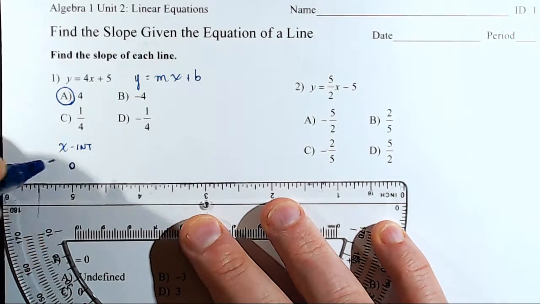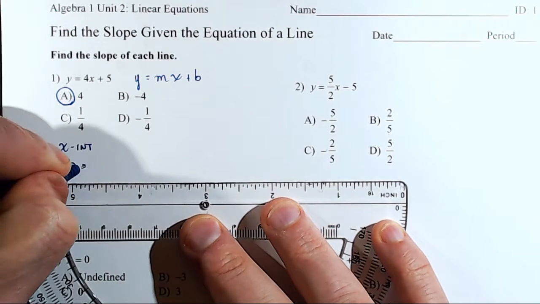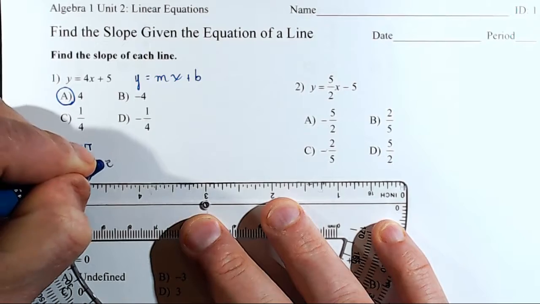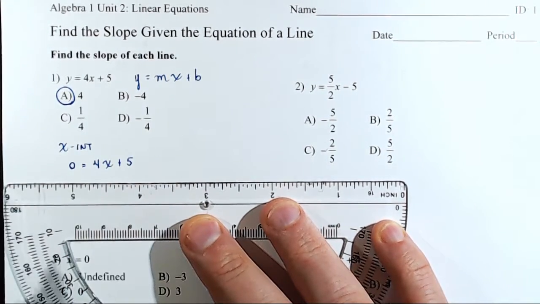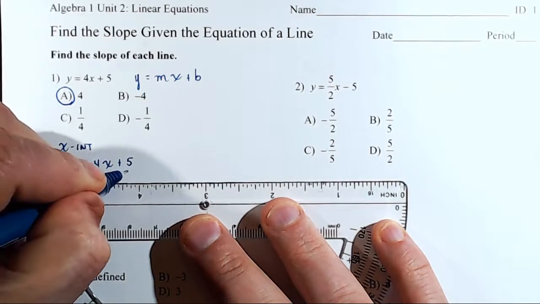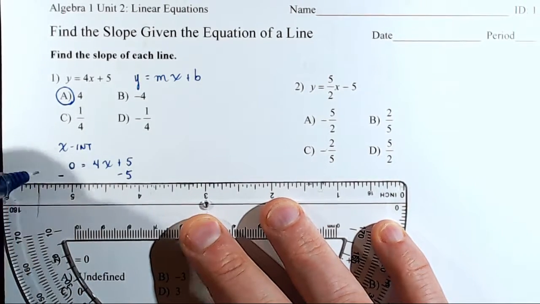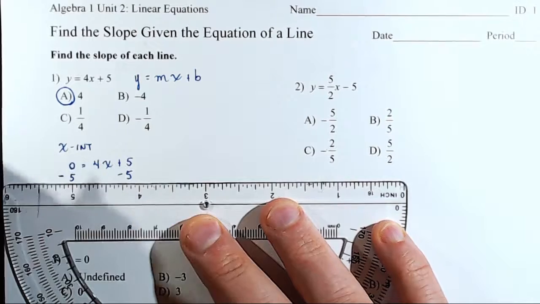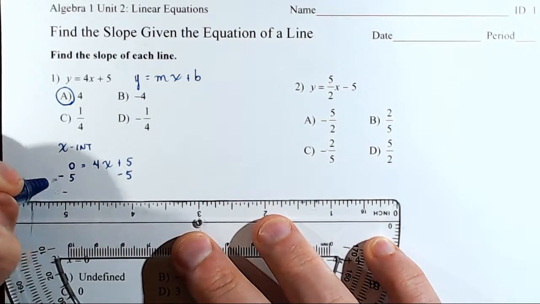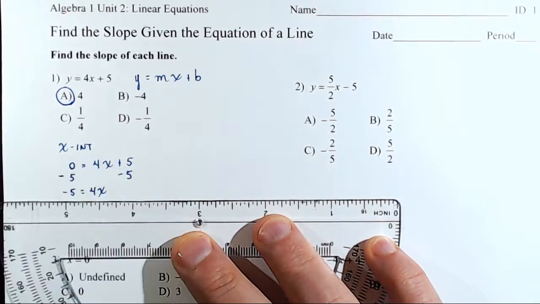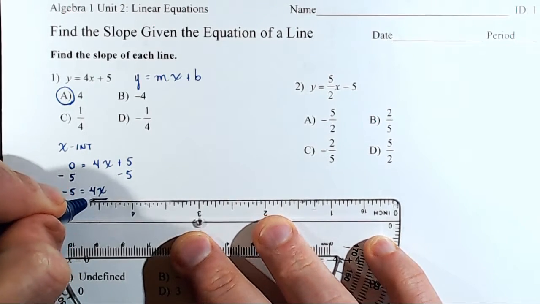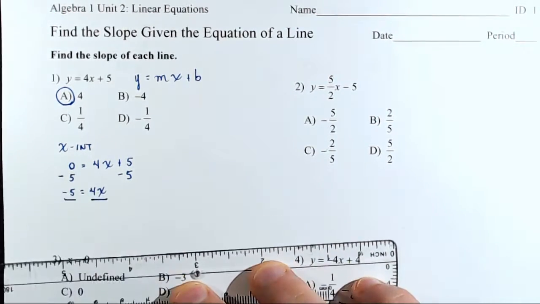So 0 equals 4x plus 5. And then we subtract out 5 on both sides. And we have negative 5 equals 4x. Divide both sides by 4.